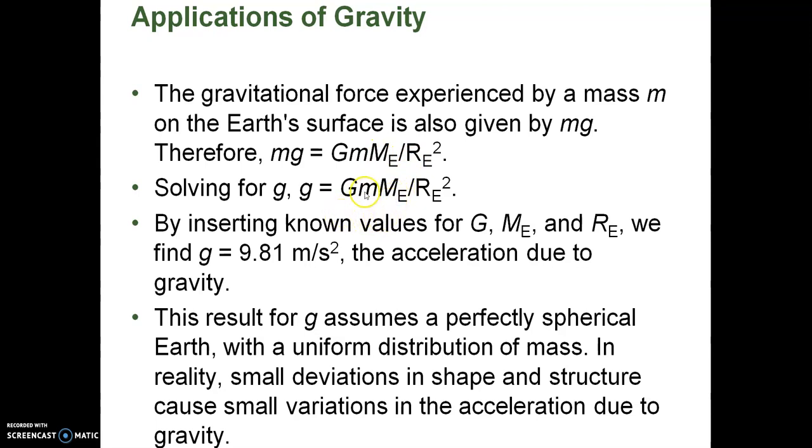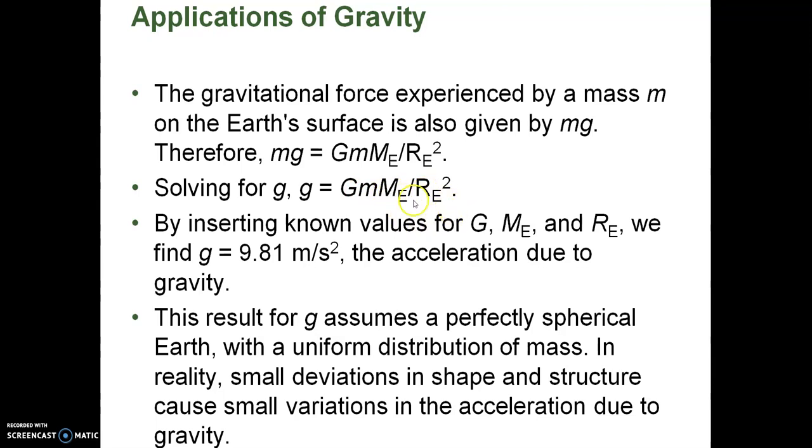Notice the PowerPoint, which the book made, is wrong. That m shouldn't be there, right? It should be lowercase g equals G times, cross that out, mass of the Earth divided by radius of the Earth squared. So, bottom line is, the gravity on the surface of Earth, that 9.81 we've been using since we've been born, is simply equal to the universal constant times the mass of the Earth over the radius of the Earth squared.